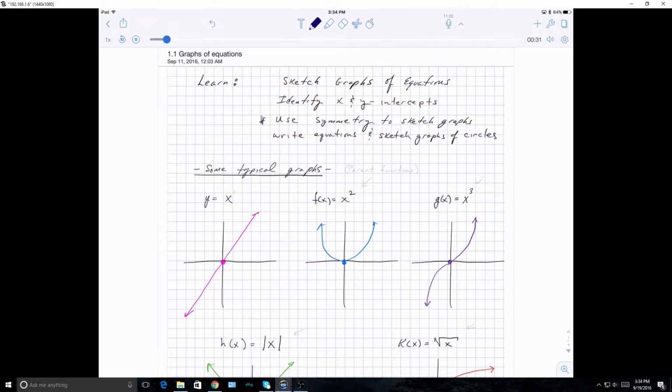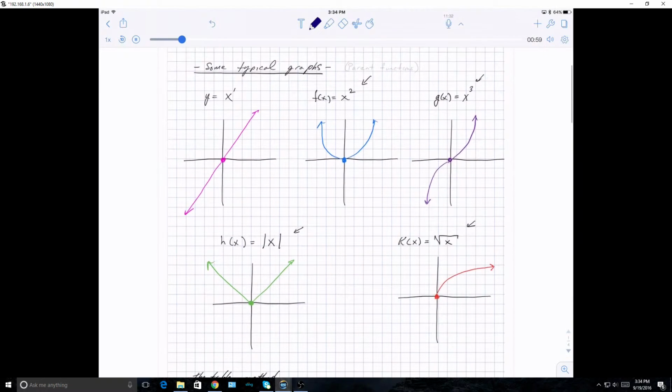Now, what I've done here is I've just broken up some typical graphs into 5 basic blocks. What we have here is y equals x. Well, that's a first degree polynomial. The next one we have here, which is x squared and x cubed, then second in degrees. And now we have h of x down here, which is just the absolute value of x, and k of x represents the square root of x.